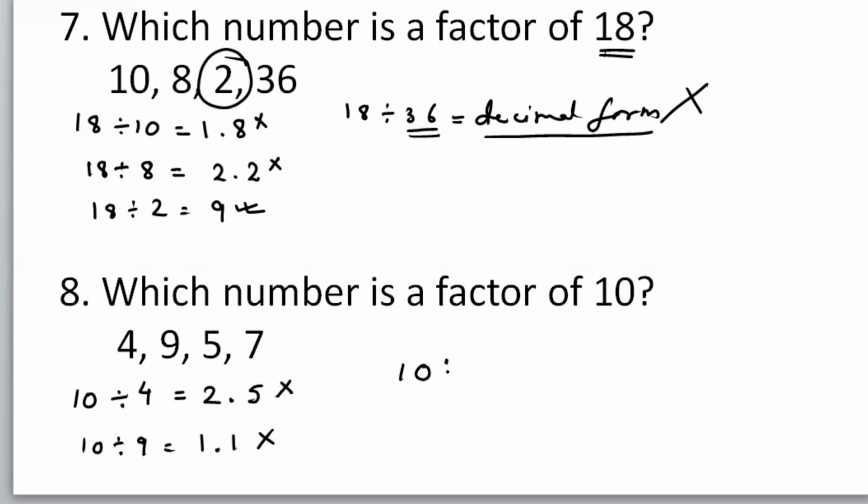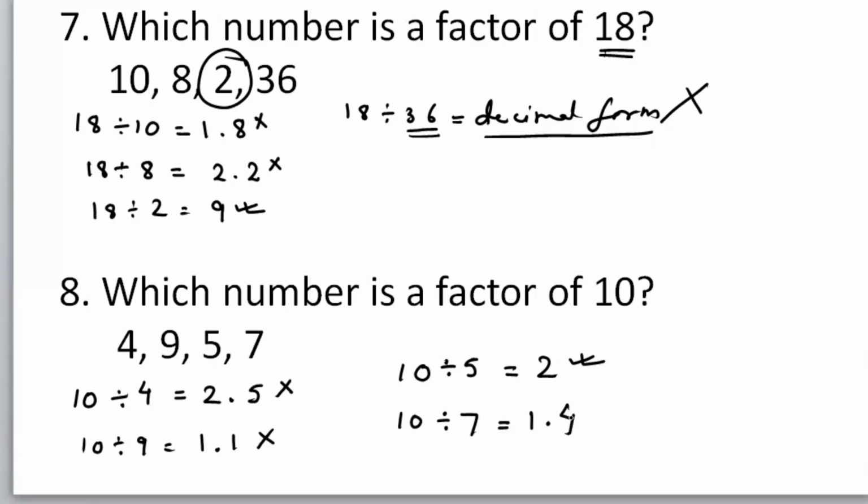Now 10 divided by 5 will be 2. It comes as a whole number, so this will be a factor of 10. Now 10 divided by 7 will be, I think, 1.4.